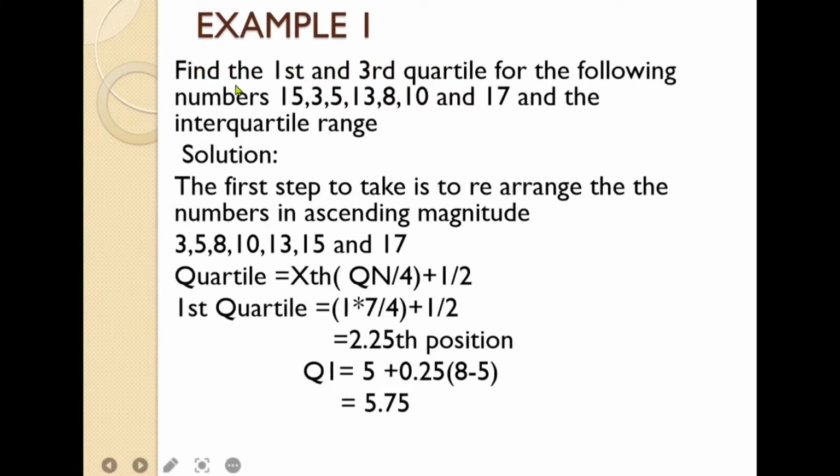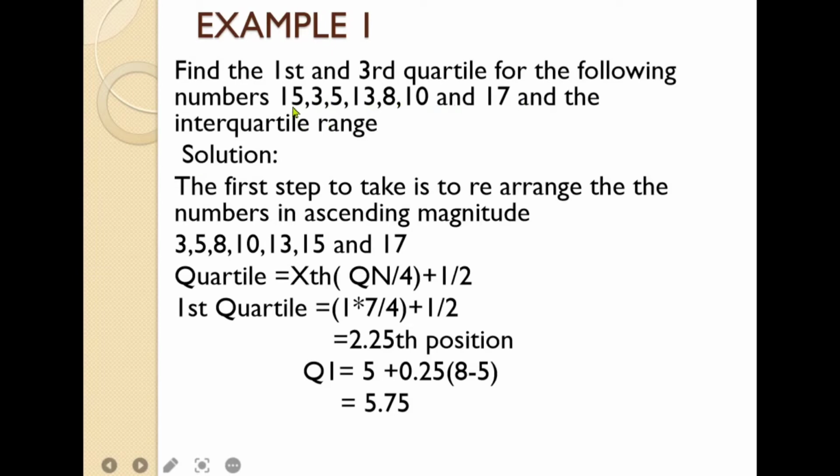There's an example here. Find the first and third quartile for the following numbers: 15, 3, 5, 13, 8, 10, and 17. In order to find the first and the third quartile as well as the interquartile range, there is a first step that must be followed. And the first step to be taken is to rearrange this data set in ascending magnitude.